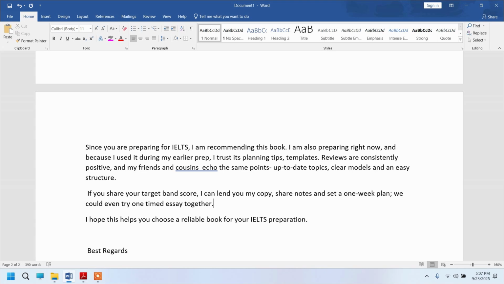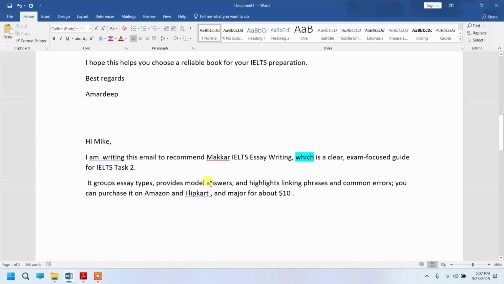You cannot make that mistake. Okay, that's all. And you can even say one more thing, and you can purchase it on Amazon for about $10, and major bookstores carry it.